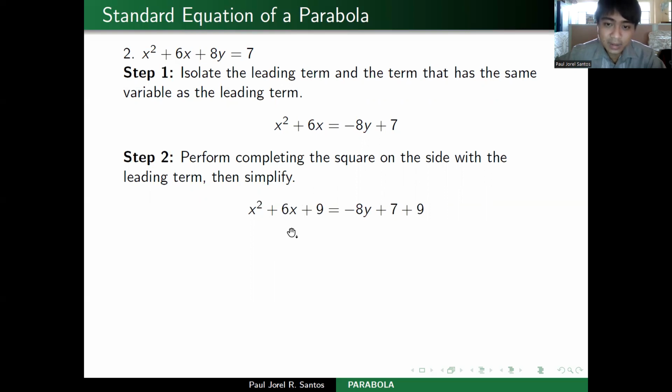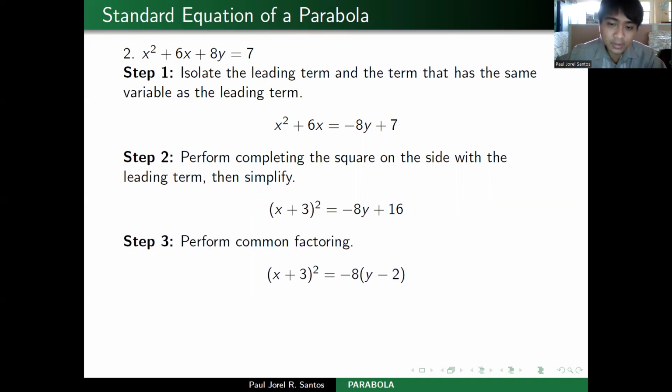And on the right, we have 7 plus 9, 16. And then, as I have said a while ago, we have to perform common factoring. I just factor out negative 8. So negative 8y divided by negative 8 will just be y. And 16 divided by negative 8 will be negative 2. So now we have here the standard form of the equation of the parabola.